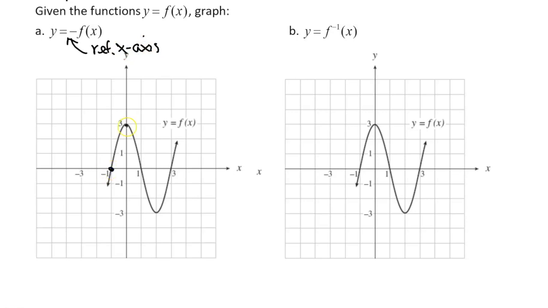We take a couple of our points, and whatever values you have, you're going to mirror them over the x-axis. So this point at 0, 3 right here goes down to 0, negative 3. This point at 2, negative 3 becomes up here, and you create a brand new function that looks like a mirror image over the x-axis.